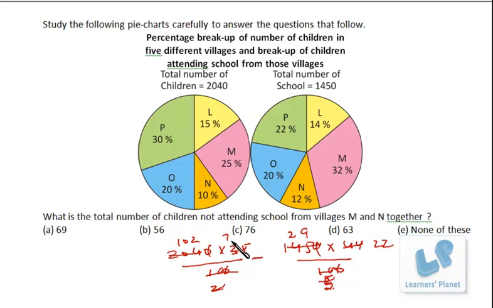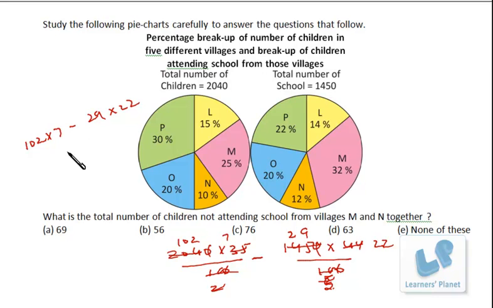So it's 102 into 7 minus 29 into 22. Now friends, since there is none of these option and no approximation is required over here, we need to calculate it accurately, right? Or you can calculate even the unit digit, but in these two cases the unit digit is also the same, so better to calculate it accurately.